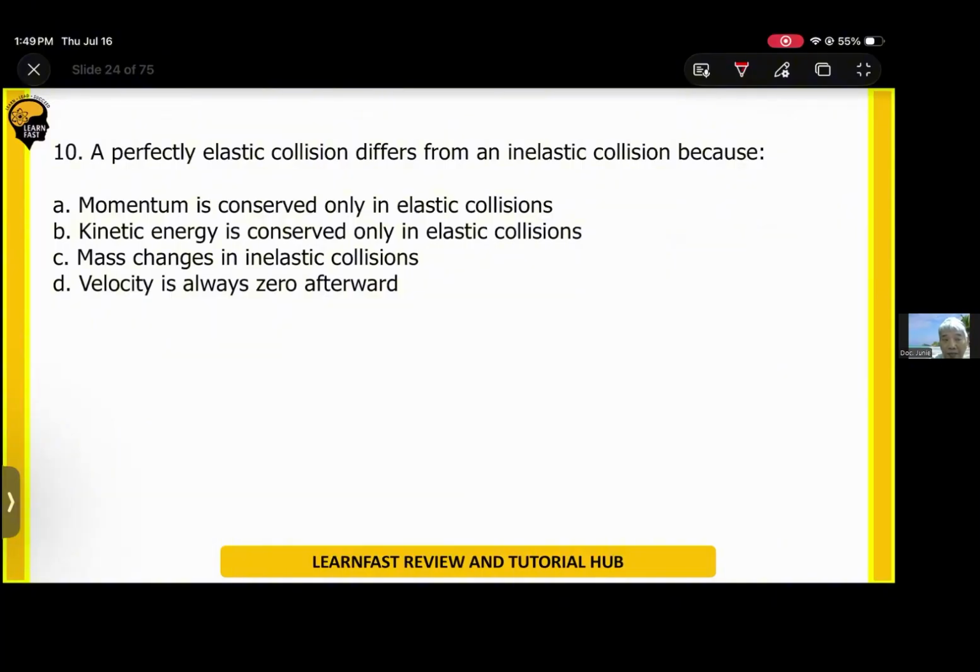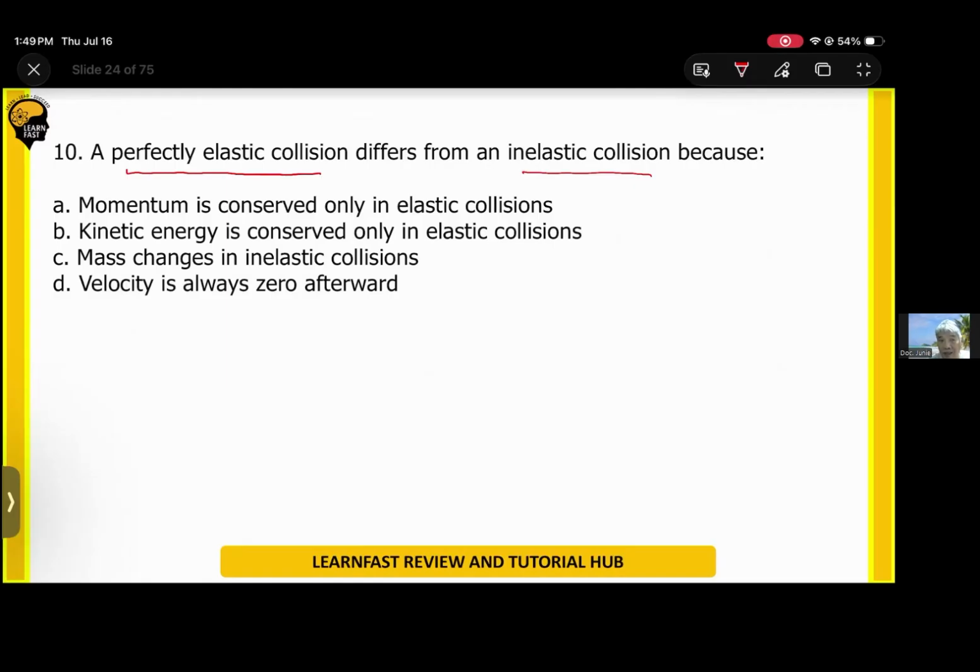Okay, number 10. It is clearly stated that you have a perfectly elastic collision. It differs from inelastic collision. How? What's the difference? Remember, collision, you talk of momentum. So what would be your answer? Momentum is conserved only in elastic.